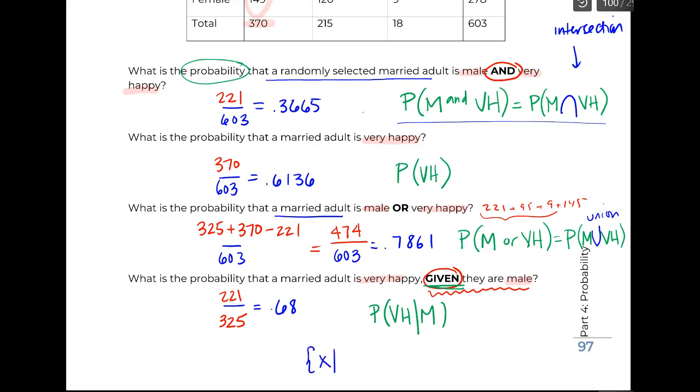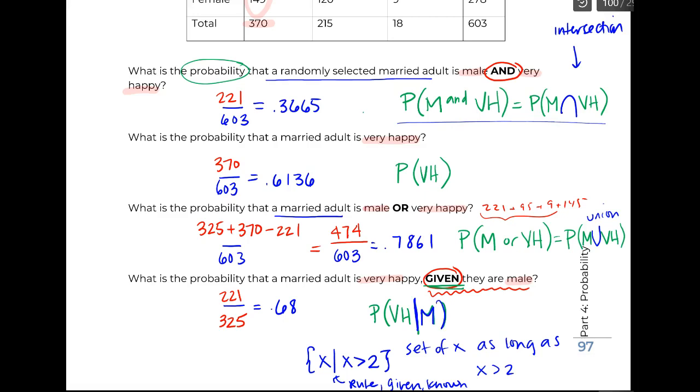Whenever you're dealing with inequalities, one of the ways to express your solutions is something like this, which to a math person says the set of x such that x is greater than 2. This is basically telling you that whatever comes next is a rule, it's something given, it's known. So we use the same notation here, except instead of saying the set of all these things, we're saying the probability of very happy given that we know that the person is male, given this information.